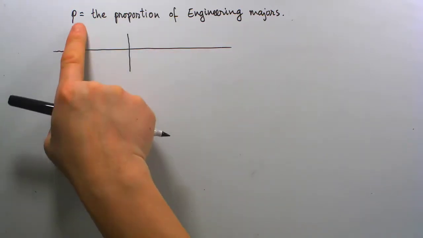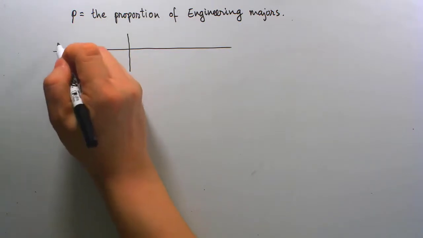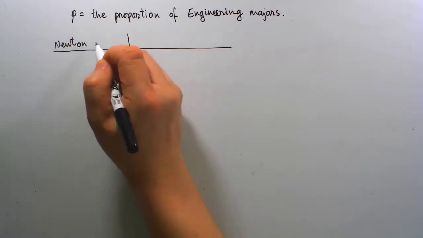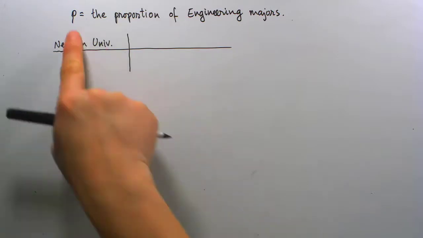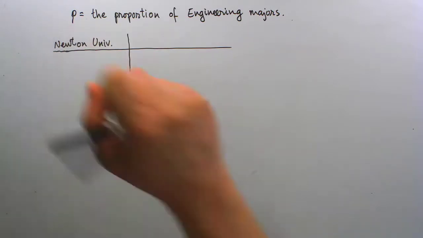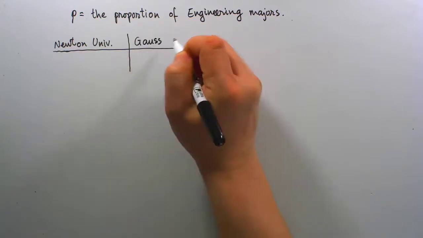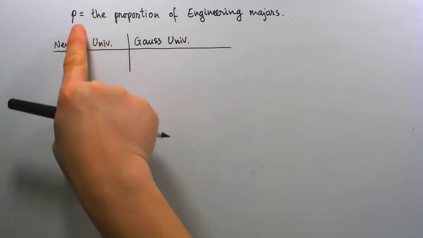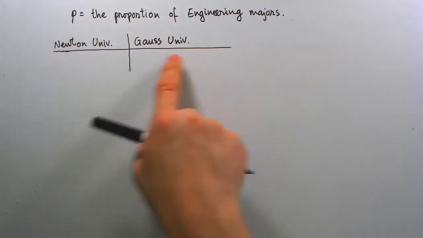We want to look for this population proportion in Newton University, and also in Gauss University.